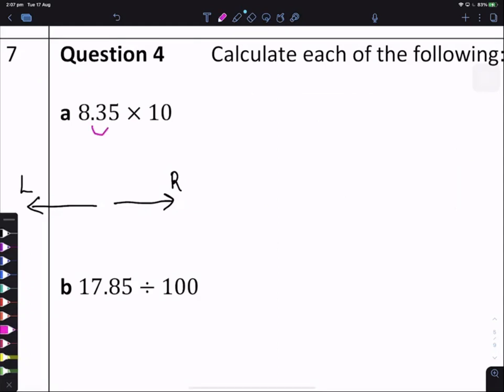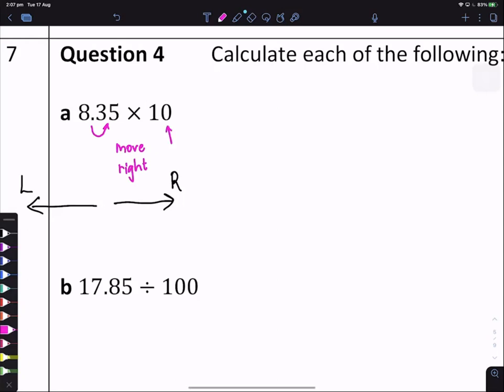See this decimal point here? We move it 1 space to the right because we're multiplying by 10. So move right. That's what that times there means.